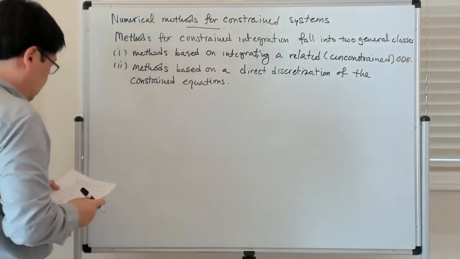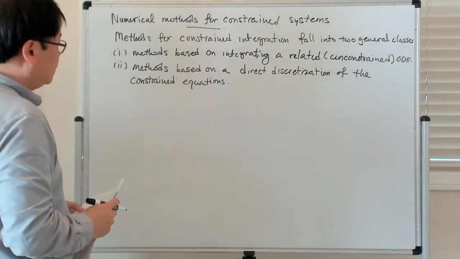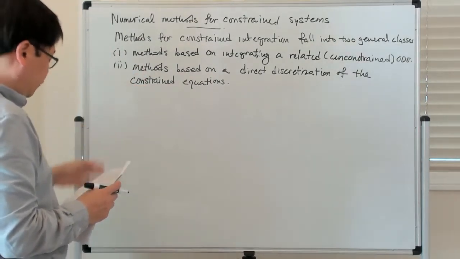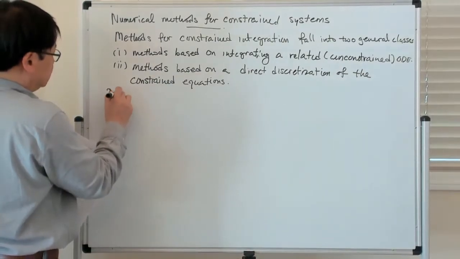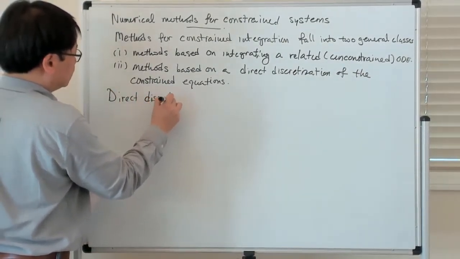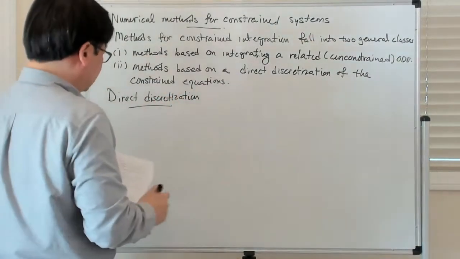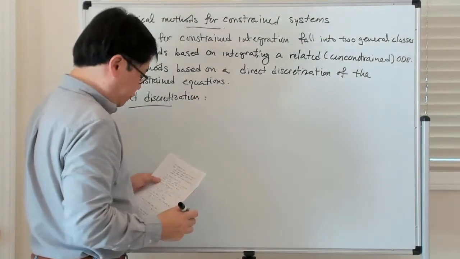All right, so let me look at one very important set of examples of the direct methods. So, direct discretization. This has to do with what are called the shake and rattle methods.